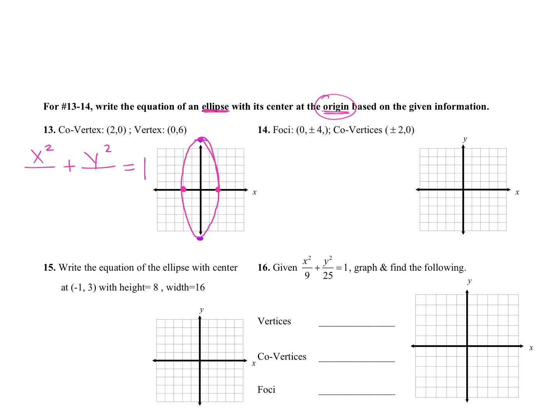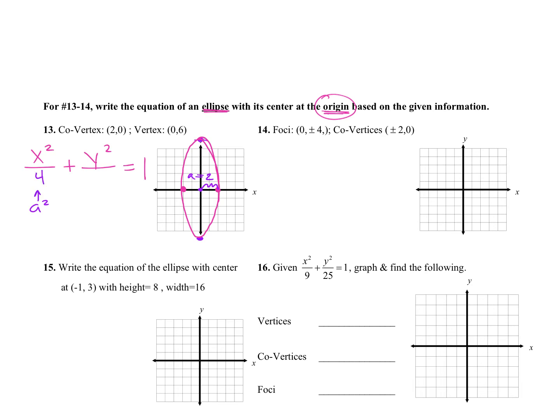Now, again, you don't have to graph this. It's just if you are more visual, this might be helpful because you see right now your a value is what? Remember, a always goes from the center to on your x-axis, whatever point, vertex or co-vertex. So this is going to be an a value of 2. If a is 2, a squared goes here. So 4 is what goes there.